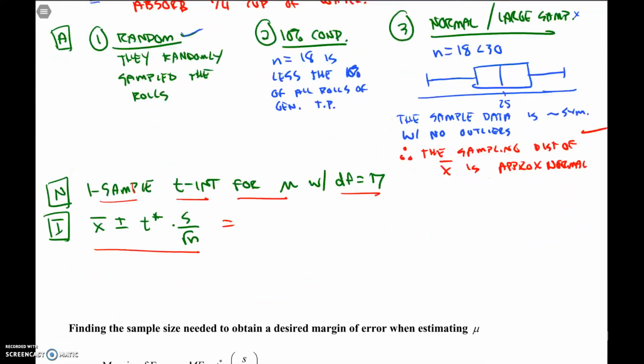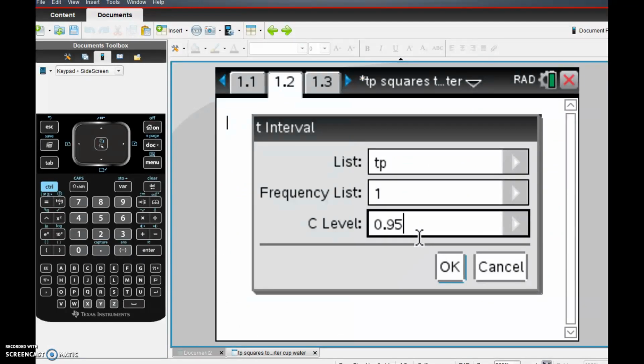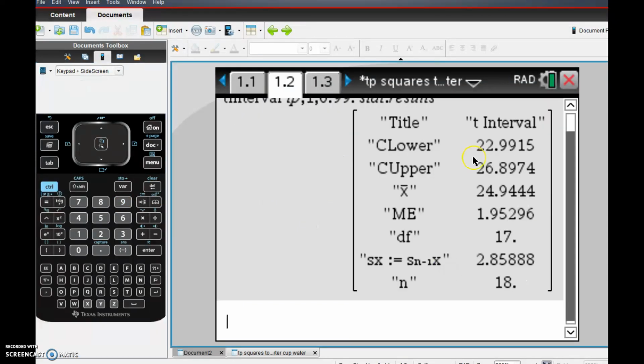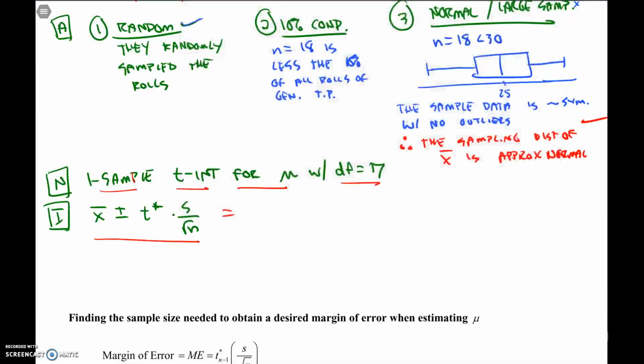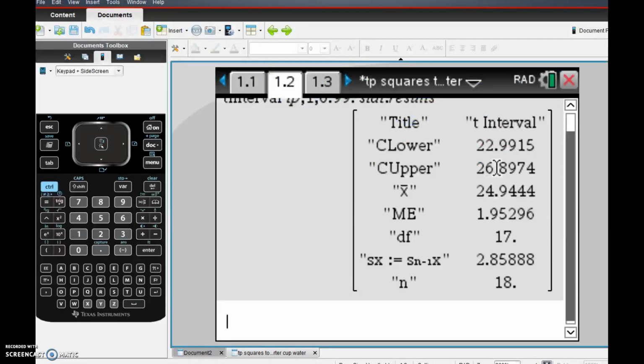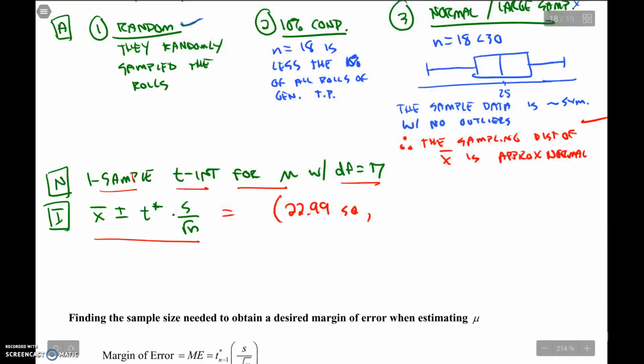I think it was 99%. .99 squares, 23.0 to 26.9. There we go.